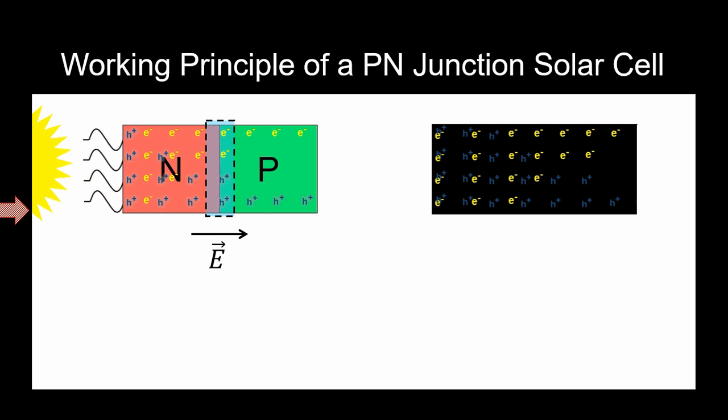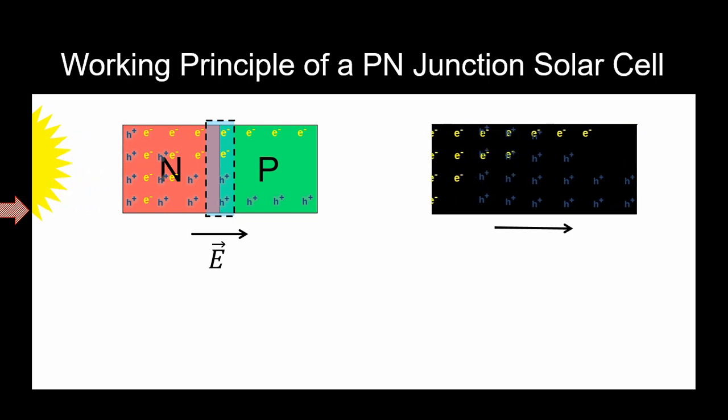Now in a semiconductor where the charge carriers were diffusing away, if we have electric field, they will start drifting, and due to that drift, electrons and holes will move in different directions, and accordingly we will have net current in the device.